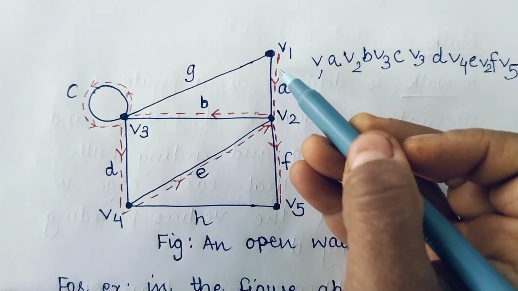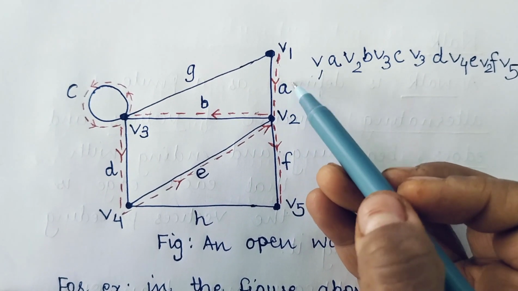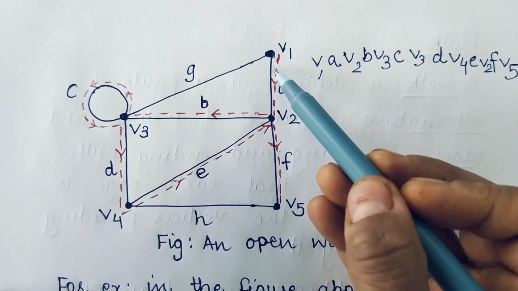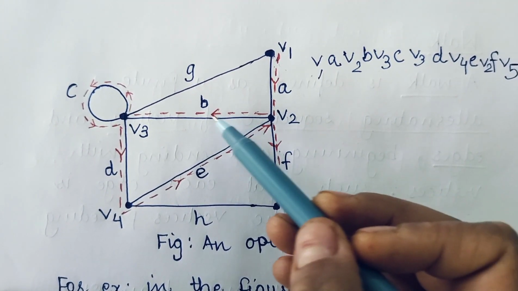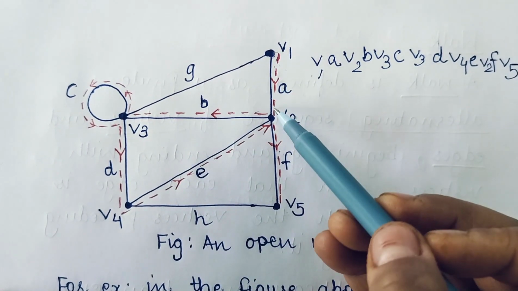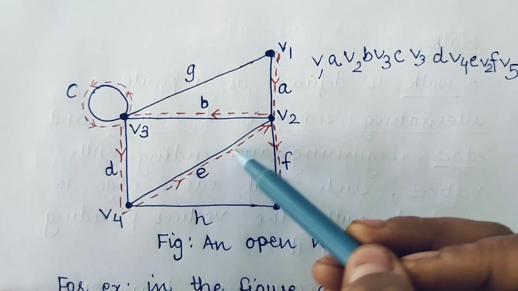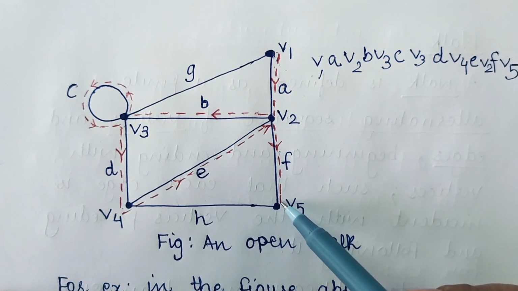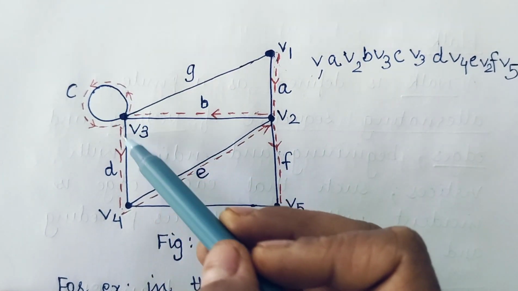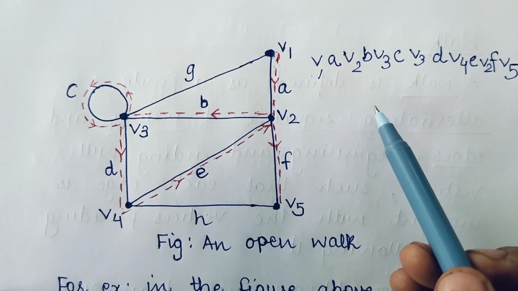So this is the alternating sequence of the vertices and edges that is shown by these red dotted lines. So it starts from here, goes here, then comes here, then goes down here, then goes here, and finally from here it comes down here. So this particular sequence of vertices and edges makes a walk.